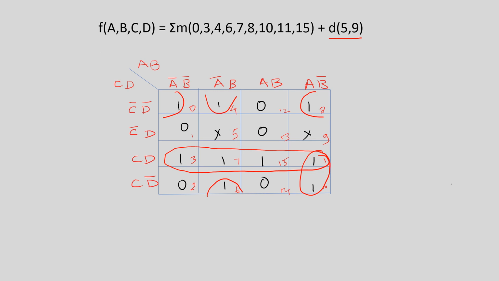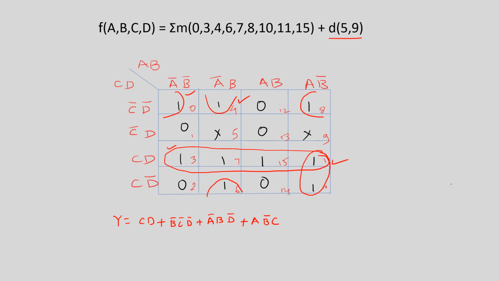So my answer for this K map is Y equals: the answer for the quad is CD, the answer for this pair is B bar C bar D bar, the answer for this pair is A bar B D bar, and the answer for this pair is A B bar C. Now suppose I use don't care conditions, both of them.